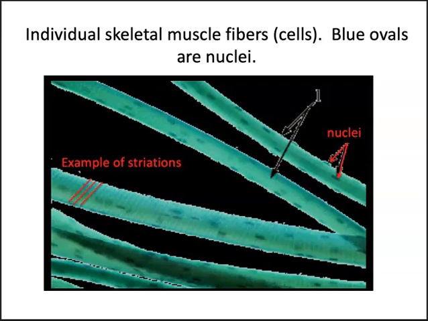You can also see the striations here. They're running across in this direction, and you can see bands of lighter green and then a darker bluish green. Those are the striations or banding patterns, again caused by the arrangement of the actin and myosin filaments in the sarcomeres.